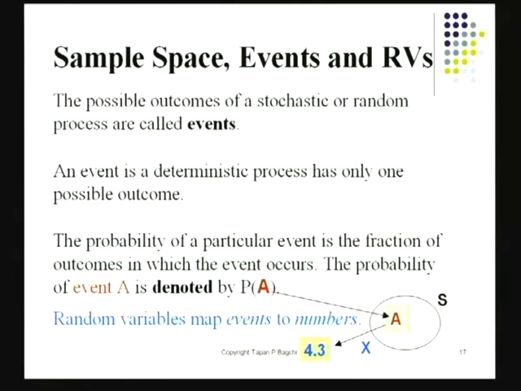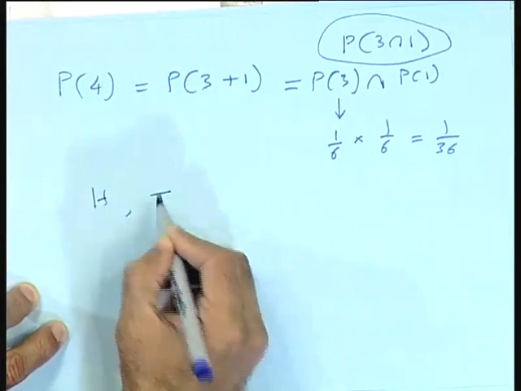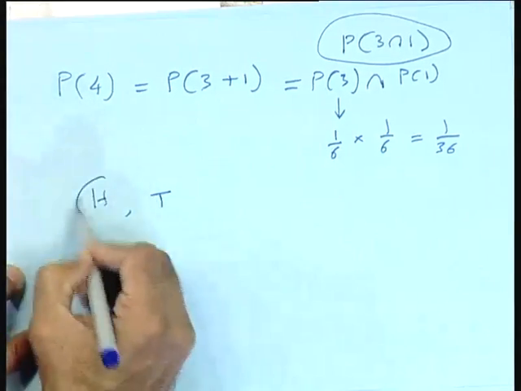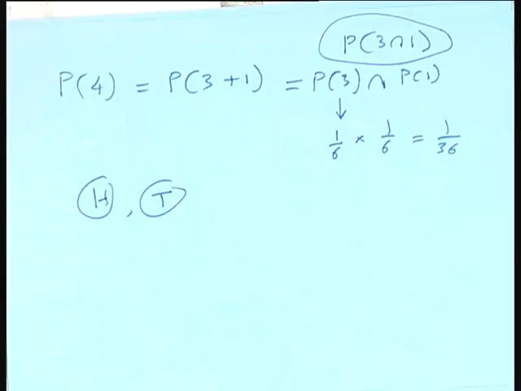Let's get down now and very quickly define what we call sample space, events and random variables. The sample space actually is the set that consists of all the outcomes. For example, when I'm tossing a coin, there are only 2 outputs possible, head and tail. So the sample space here consists of head and tail only. These are the only 2 outcomes when it comes to tossing a coin.